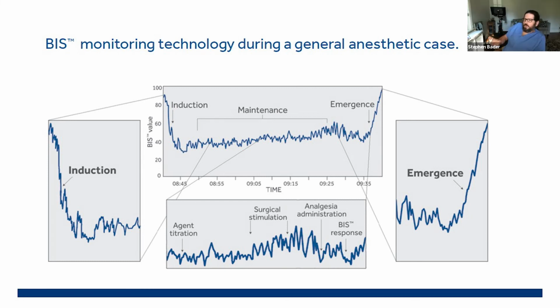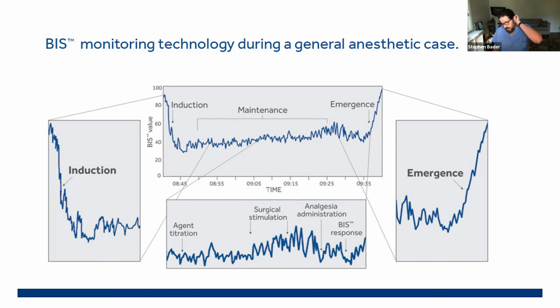So when you get to the emergence phase, a lot of times at the end of the surgery, there's this prolonged period of time where we're trying to titrate our maintenance agents off, and the surgical stimulus is reducing a great deal. So you're now trying to make your emergence be as quick as possible without the risk of the patient starting to buck or kick while you're putting your last few sutures in the skin.